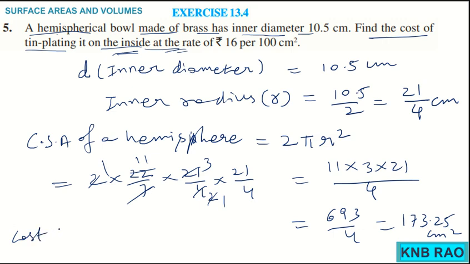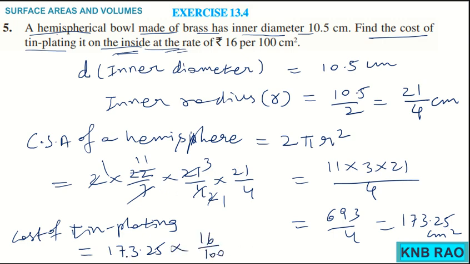So cost of tin plating for this area, that is 173.25, at the rate of 16 rupees per 100 centimeter square, that means 16 by 100 I have to do it. Why? Because this is divided by 100 gives how many 100 centimeter squares are there into 16.